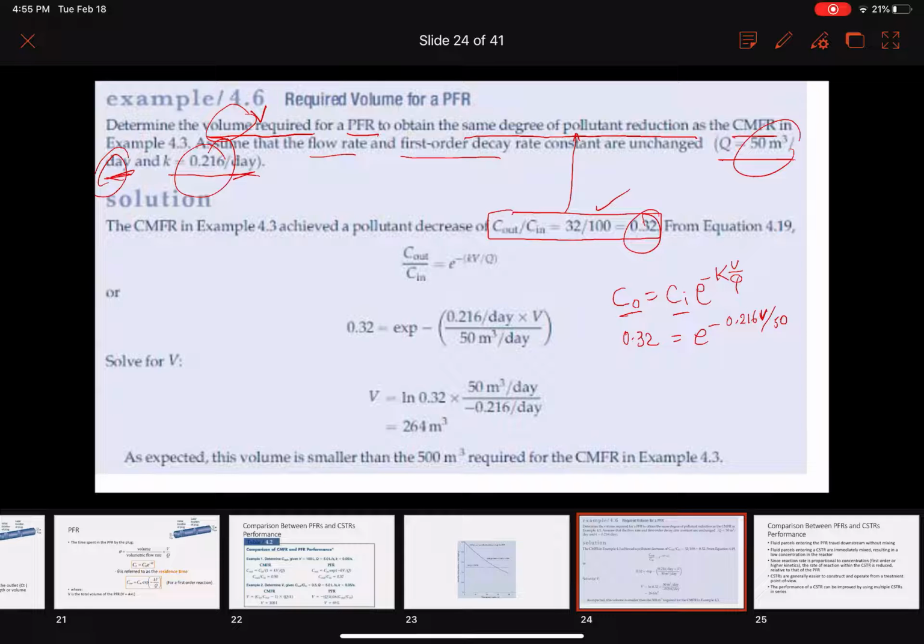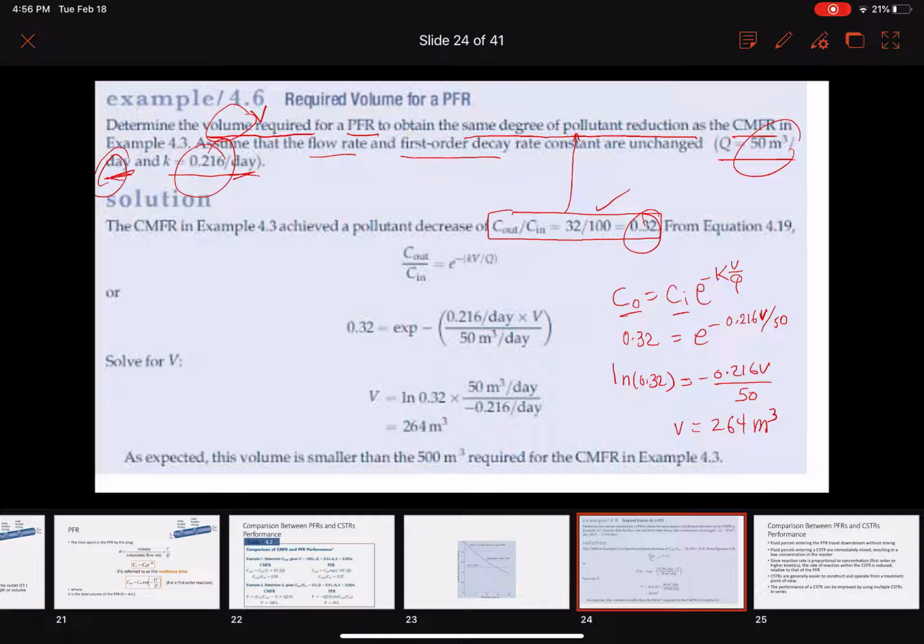So now let's take the natural log. ln 0.32 is equal to minus 0.216 times volume over 50. So the volume is ln 0.32 times 50 over 0.216, which gives 264 meter cubed.